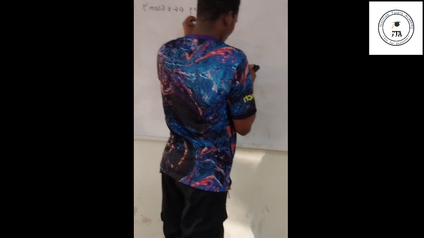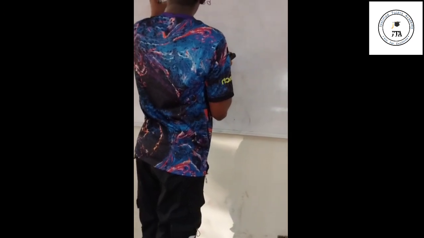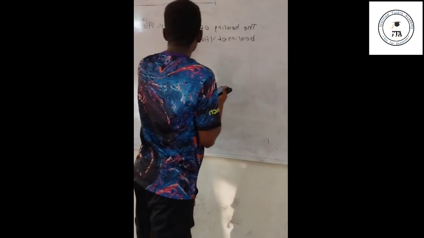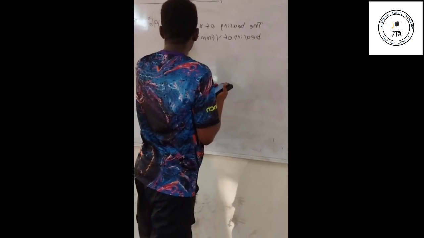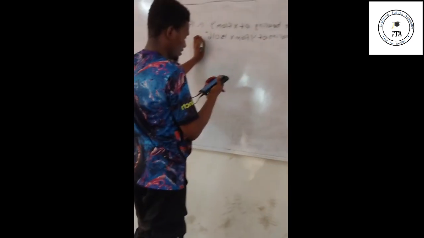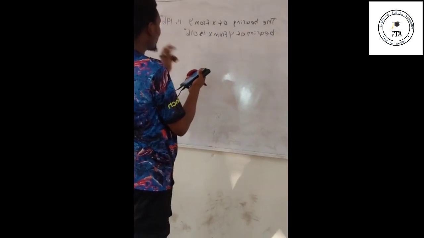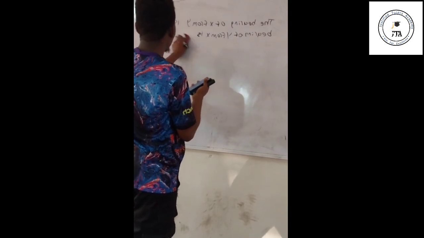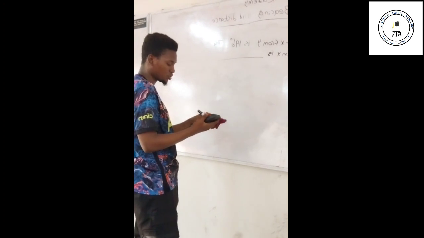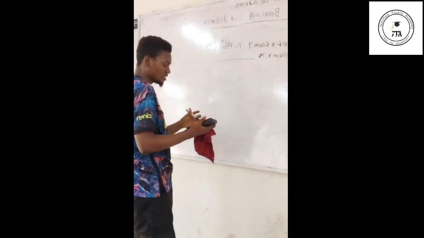The bearing of y from x is what? The bearing of x is... We have options here, but I will not call the options. I want us to find the actual answer.